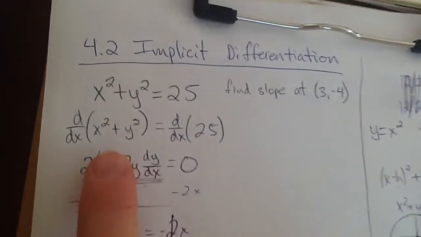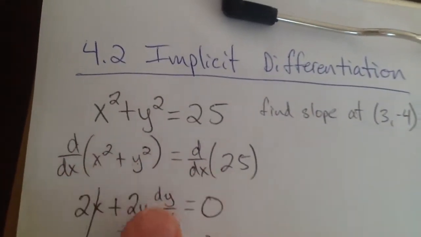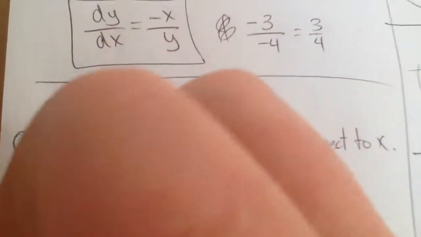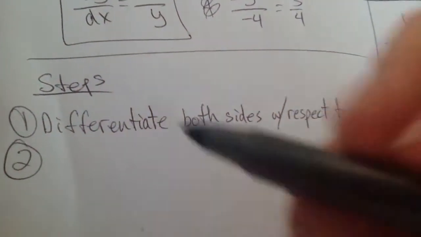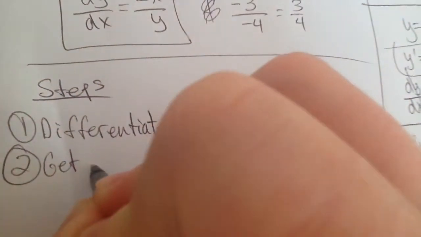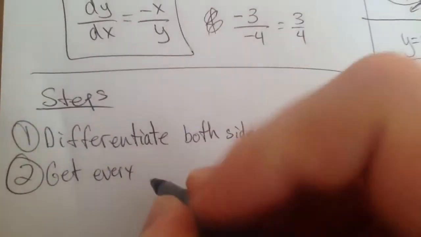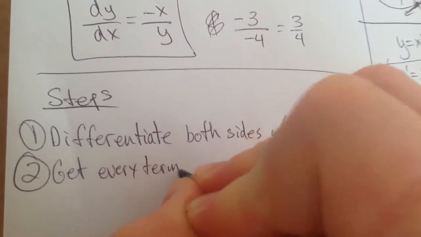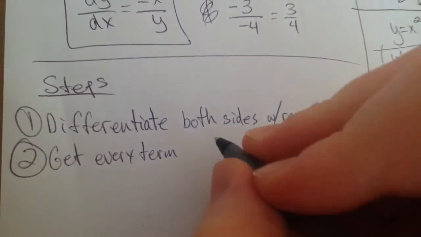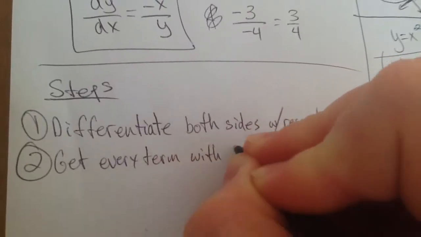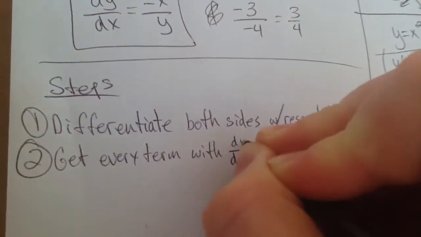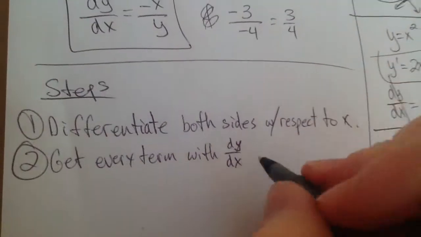And that's what we did here, where we just did the d over dx thing. Then you get every term that has the dy dx to one side.